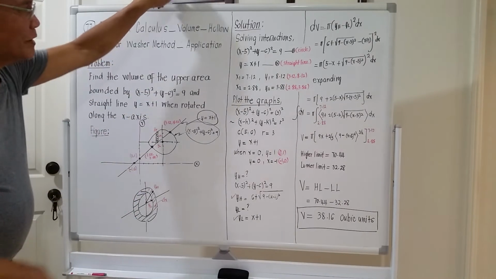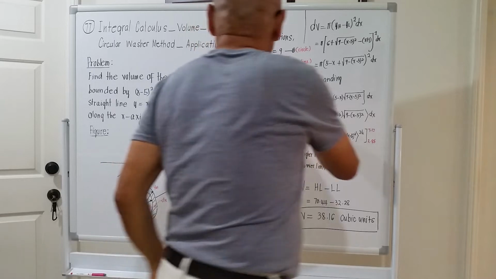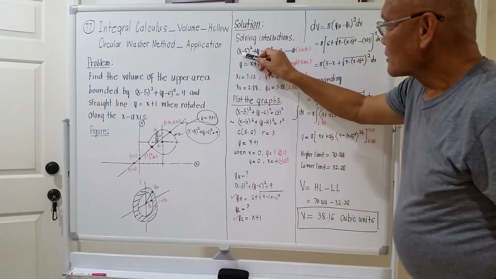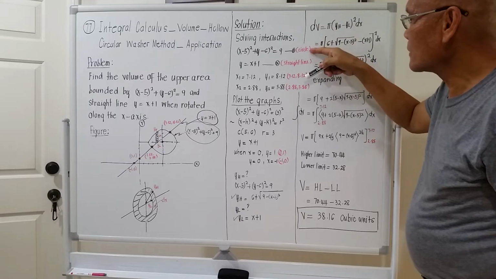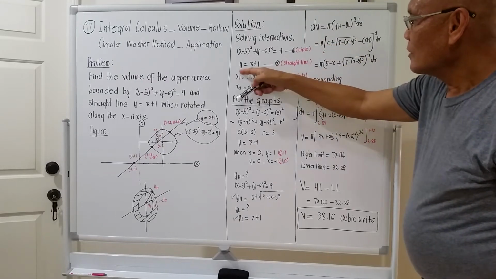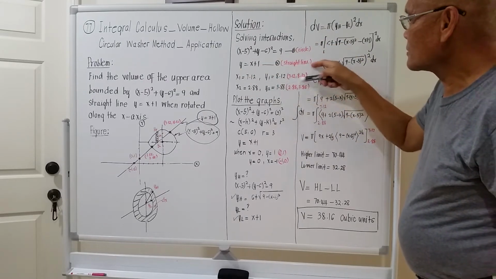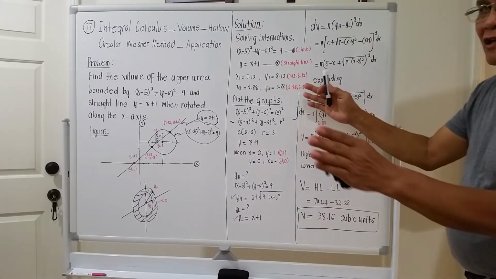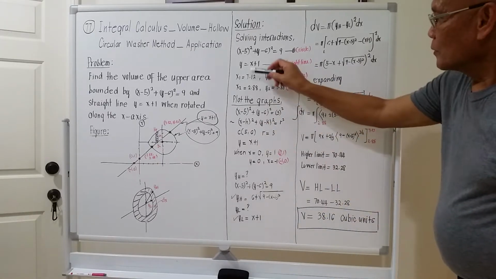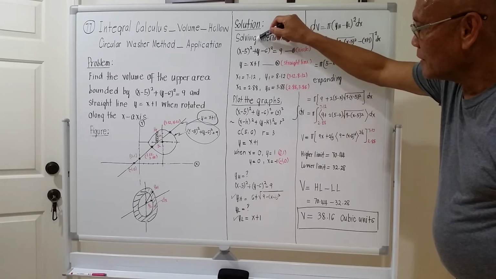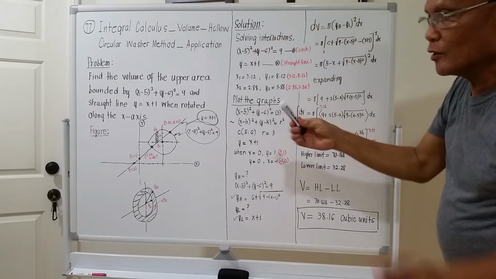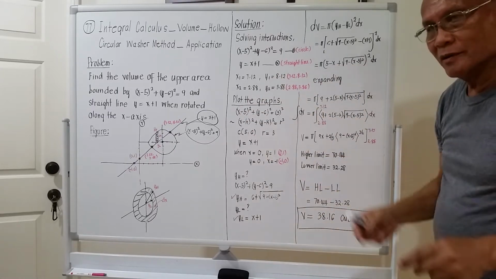Solving for the intersections now. The first equation is (x minus 5) squared plus (y minus 6) squared equals 9, a circle. The second is y equals x plus 1, a straight line. This is just pure algebra. You substitute y equals x plus 1 into the first equation, and a quadratic equation comes out.